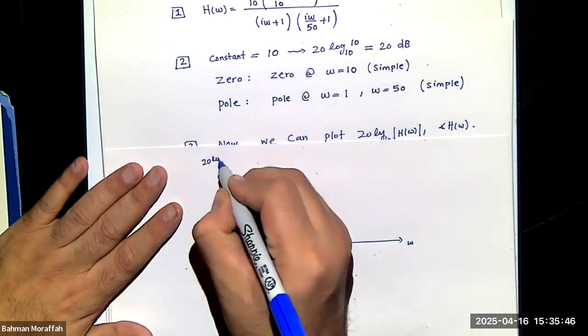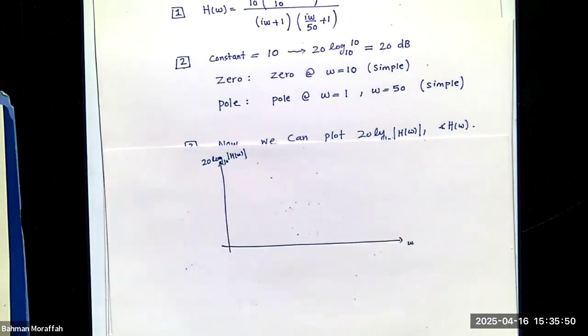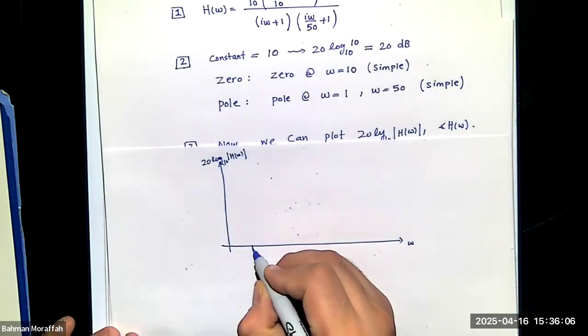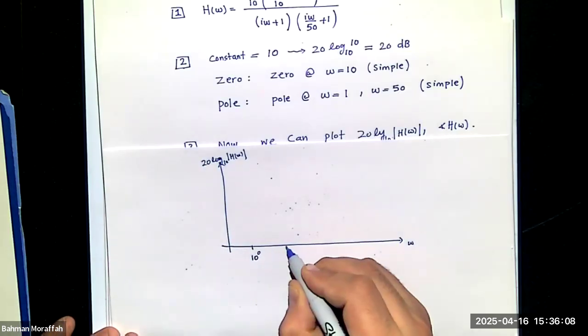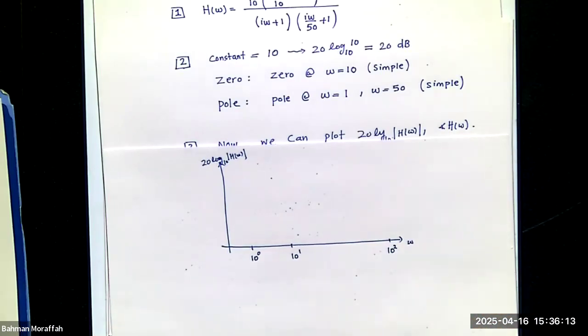This is 20 times log 10 of the absolute value of H of omega. Right? Keep that in mind. This omega increases as a power of 10. So let me just put it down. So this is basically 10 to the 0. This is 10 to the 1. This is 10 to the 2. And then 10 to the 3, and so on and so forth. Right?